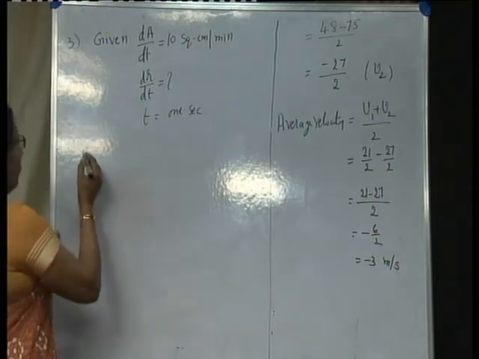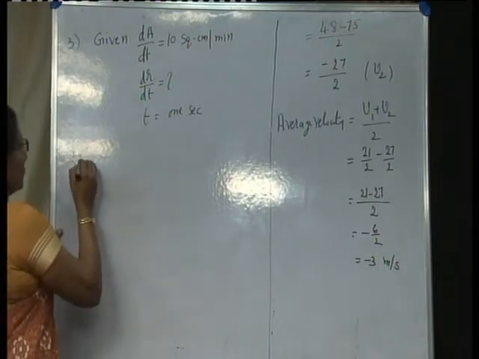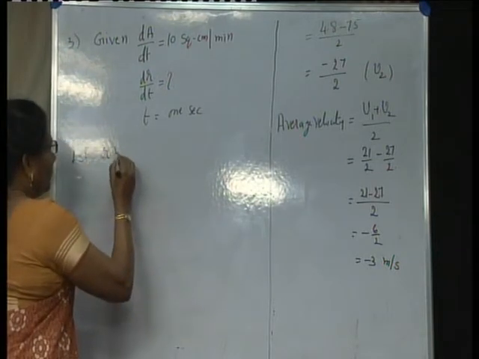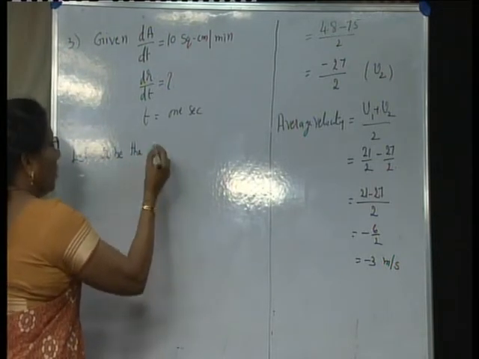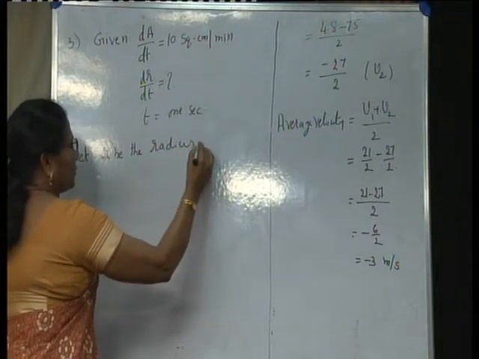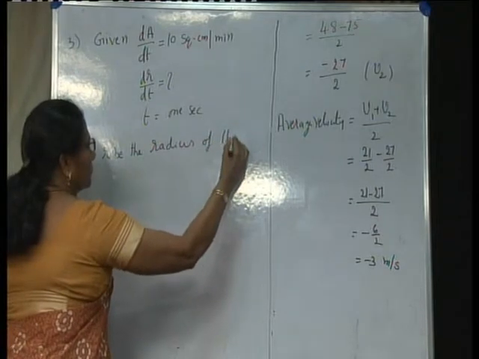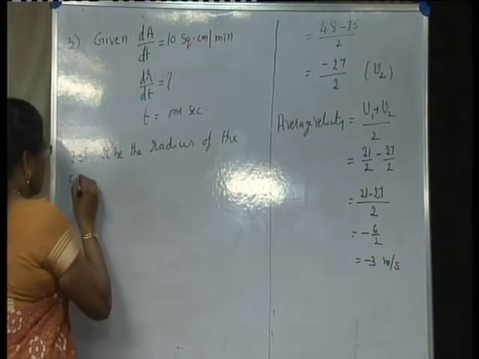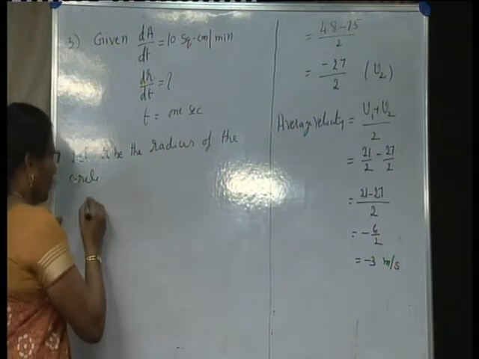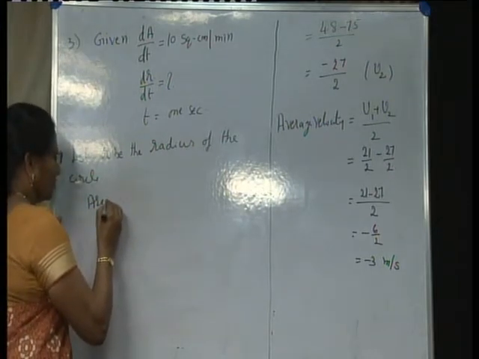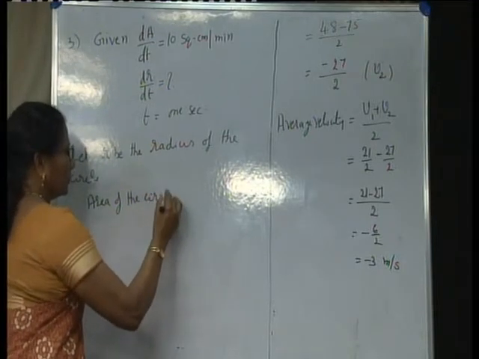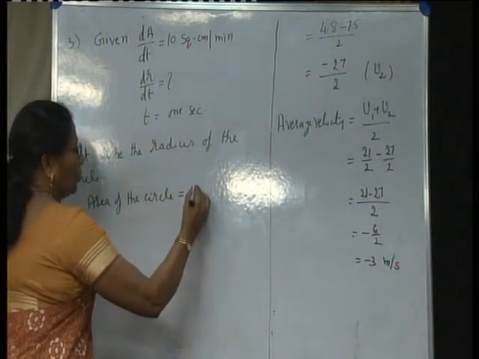So, let r be the radius of the circle. Area of the circle is equal to pi r square.